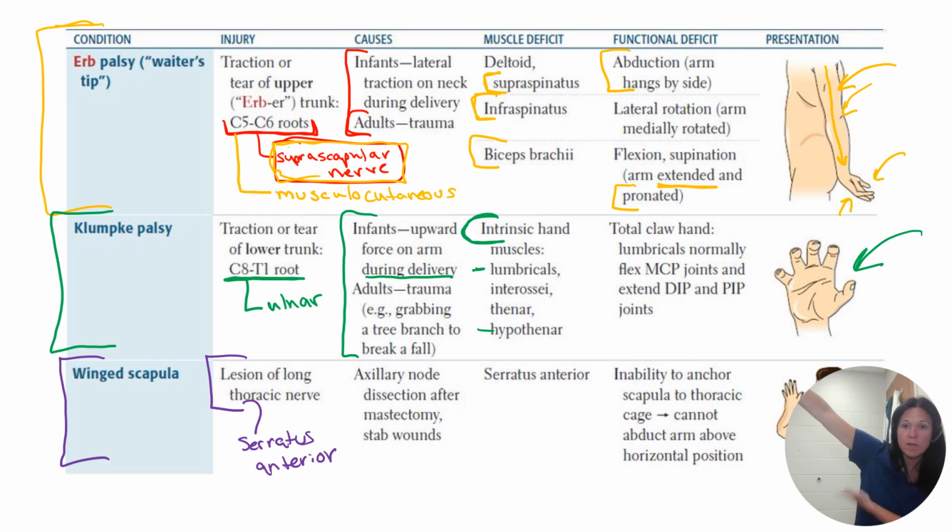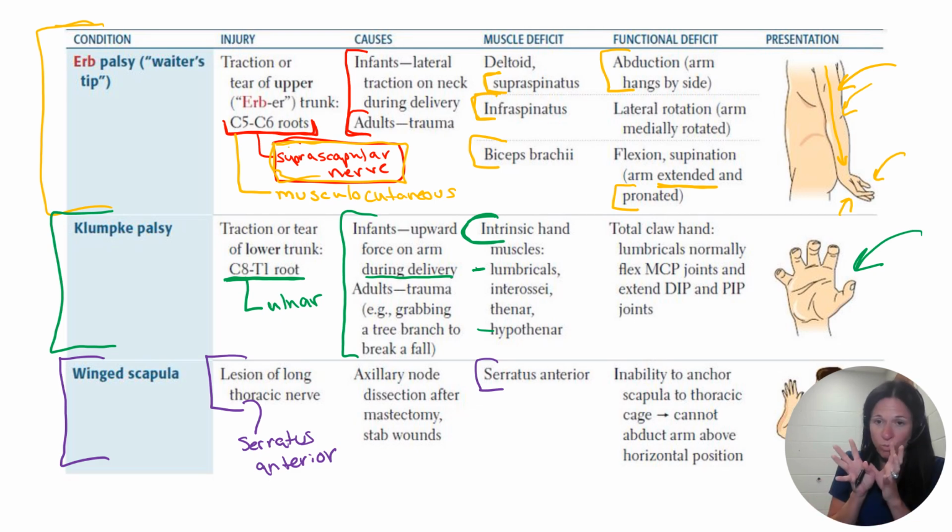So if you take a knife wound to the lateral thoracic wall, or injury to the lateral thoracic wall, it can damage the long thoracic nerve. So no long thoracic nerve, no innervation of serratus anterior. Okay, so serratus anterior is a protractor of the scapula, and it anchors the scapula onto the thoracic wall.